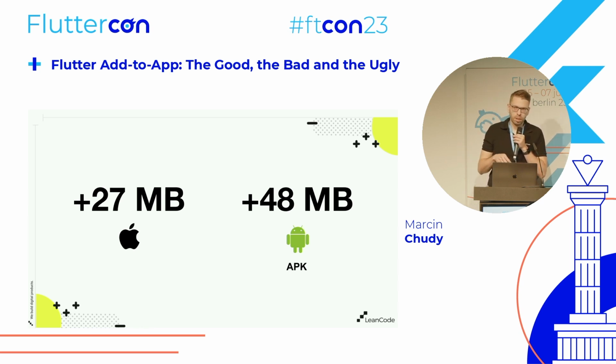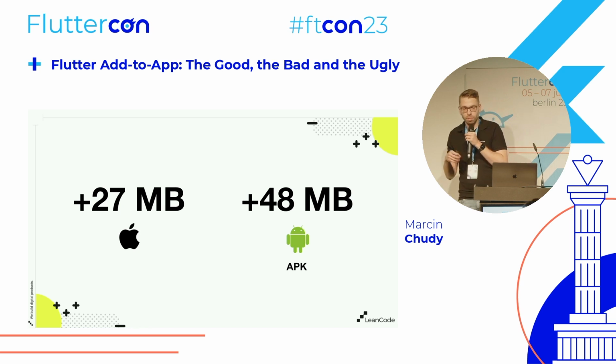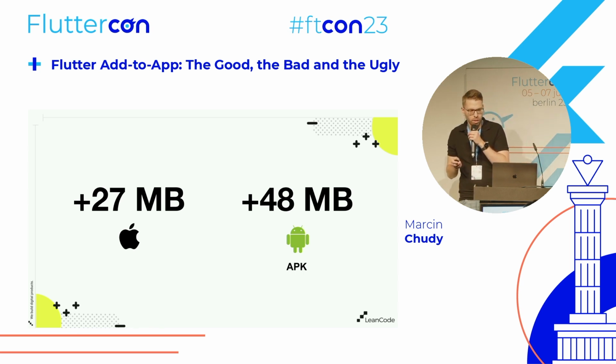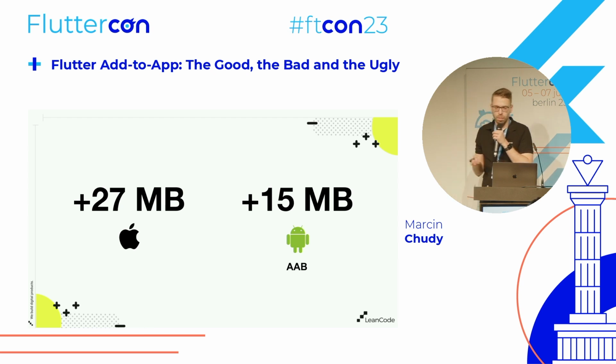But when you have an old app, it was still possible. Now we have to use AAB, Android App Bundle. So when we showed them the numbers, and also how big of an impact it would be on the existing app even without Flutter, just moving to AAB, the whole company started a transition to AAB. And with AAB, the increase was 15 megabytes, so that wasn't that bad.